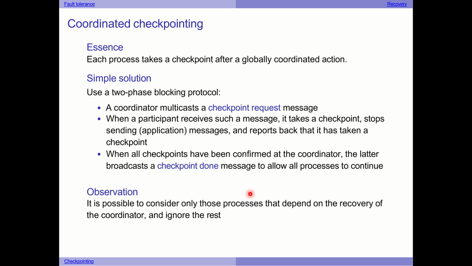Going back to my example of a Google document or your Microsoft Word in OneDrive, edited by multiple users locally, a coordinated checkpoint means every user saves the document at the same time. That is a coordinated checkpoint.